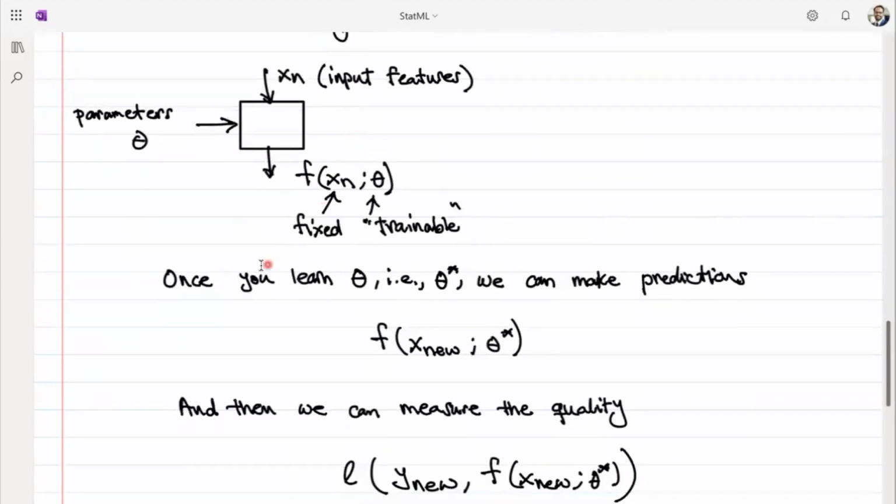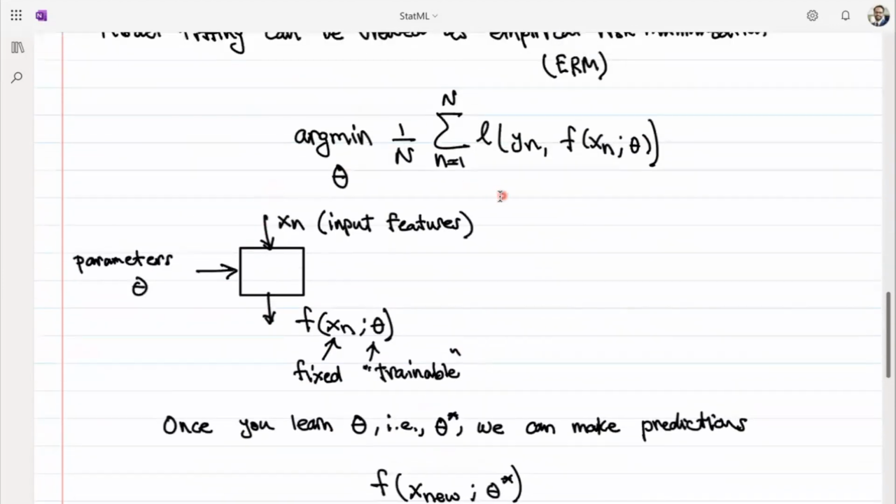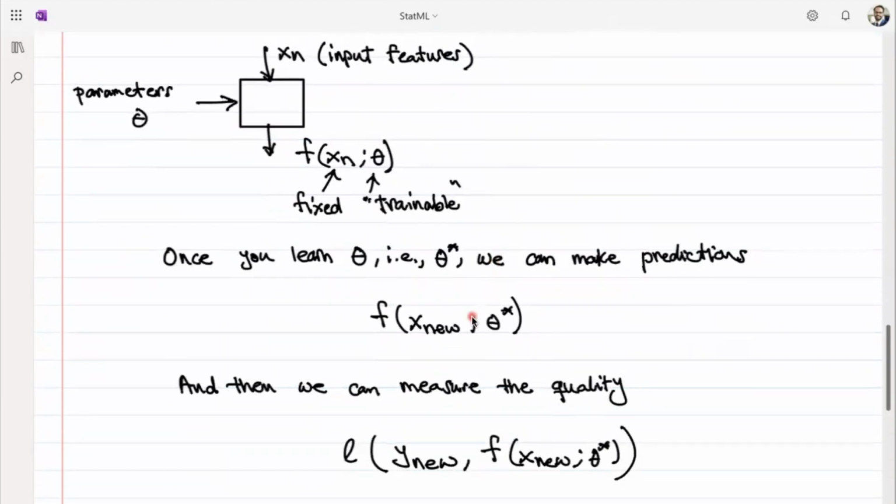And the nice thing is that once you learn the optimal value of theta, and by optimal, we mean the values of theta that minimize this average loss, now you can have new inputs like a borrower or an applicant with new income and debt values.